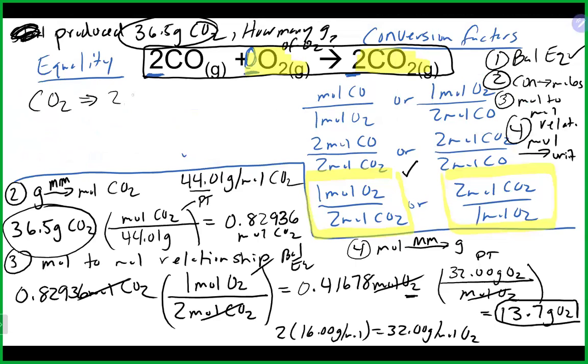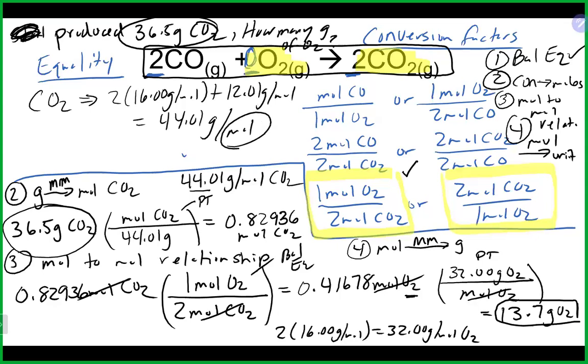So again, 2 times 16 for our oxygen, plus our 12.01 for our carbon, gives us our 44.01 grams per mole. And what I mean by that is what the molar mass means is grams per 1 mole of that. Very common, people screw stoichiometry calculations up because they go, oh, there's a 2 there. Let me include that with my molar mass calculation. And you should not do that.